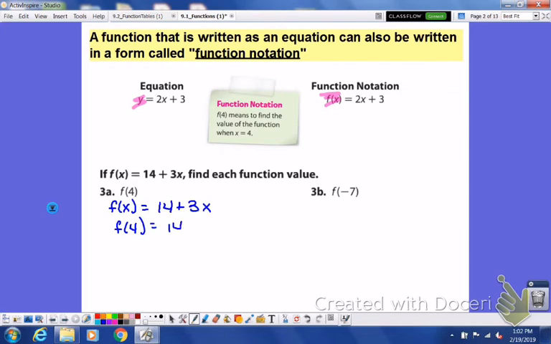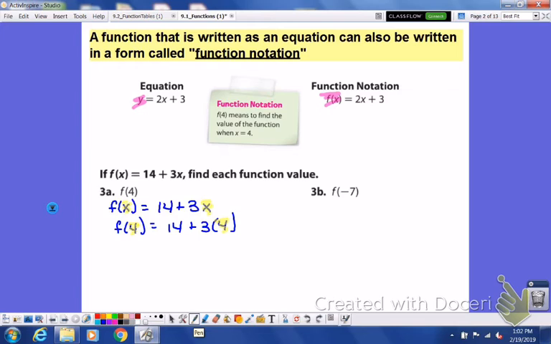So on the other side, we're going to substitute in a 4 each time that we see an x. So we had x before, now we have a 4, and a 4. So your function notation is just telling you what value to substitute in for your x.